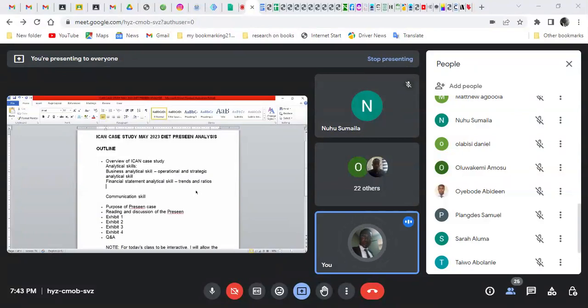Okay. The last one is the financial data analytical skill. Here is where you use all the techniques that you have learned in your SFM, all the project appraisal and project evaluation techniques.